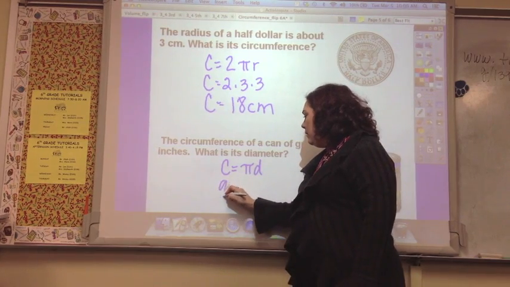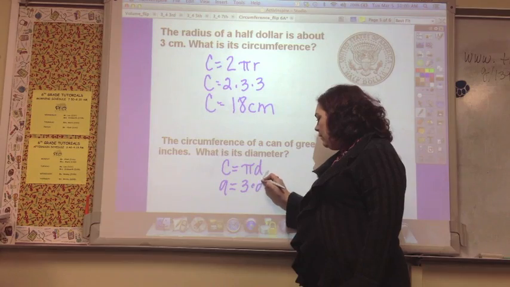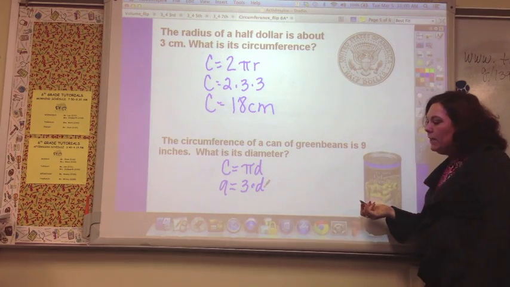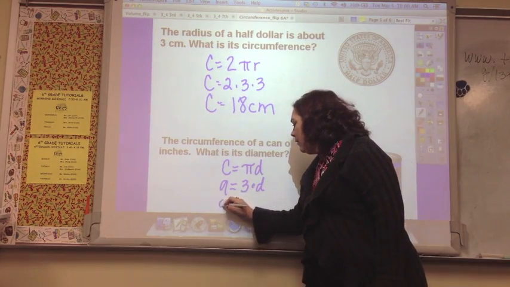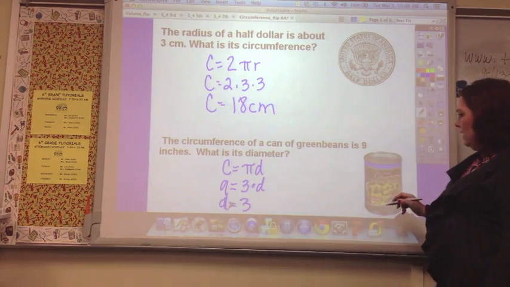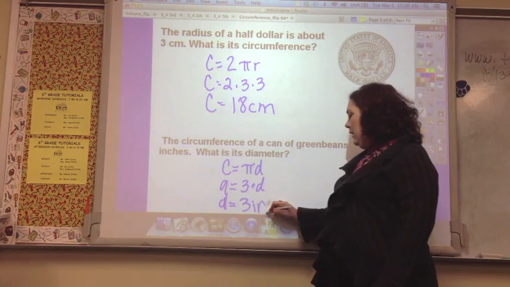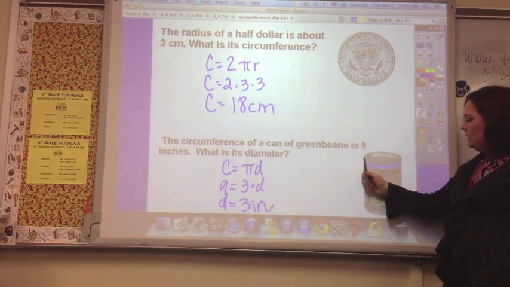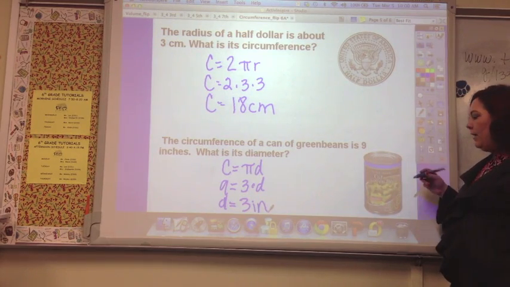So 9 equals 3 for pi times d. So this just says what times 3 equals 9. And of course, my diameter is equal to 3. And what's my units? Inches. And what that's saying is if the distance across here is 3, then the distance around here is 9.